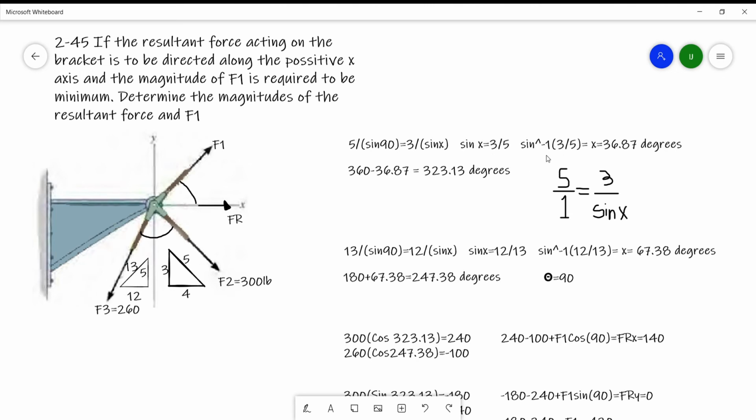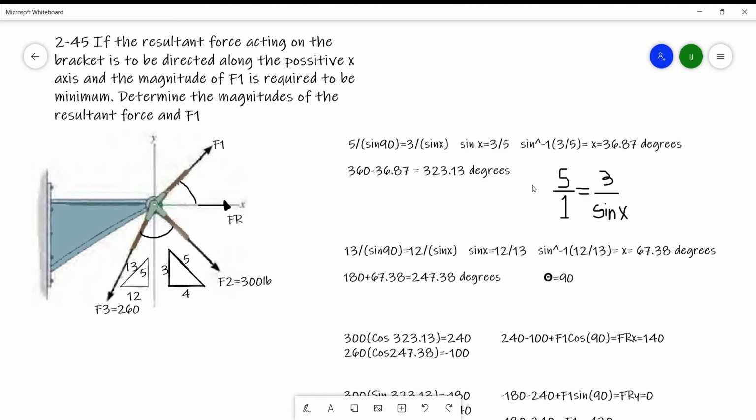Here I have my problem, so it's easier to look at. What I'm going to do basically is move my sin of x here and my 5 over here, so I get sin of x divided by 1, which is sin of x, equal to 3 divided by 5.